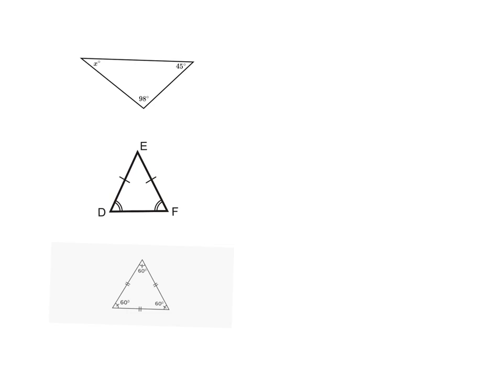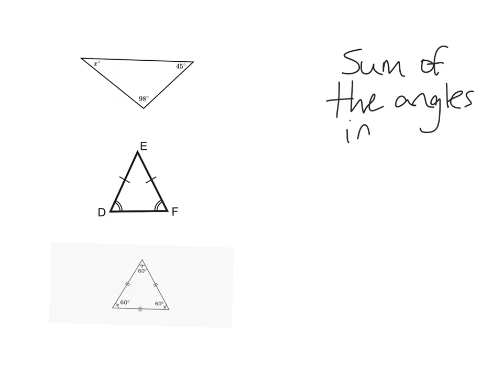Okay, so at this point, I think you already know that when you add up the angle measures in a triangle, you get a total of 180 degrees. So what we can say is the sum of the angles in a triangle equal 180 degrees.